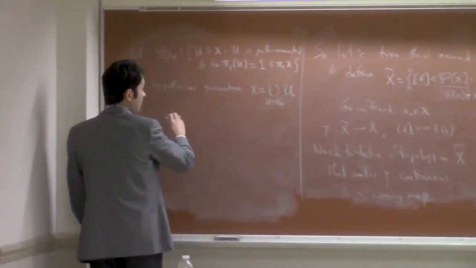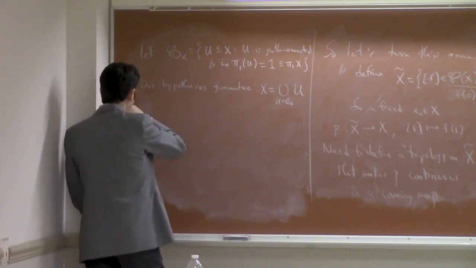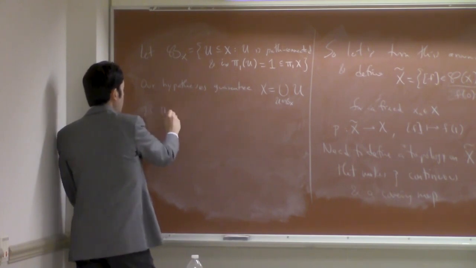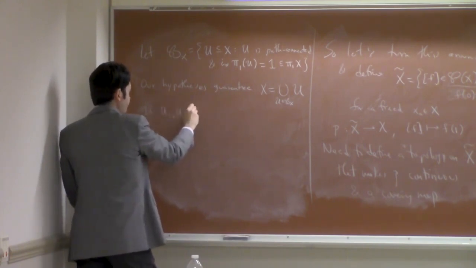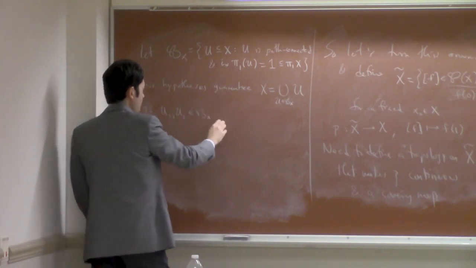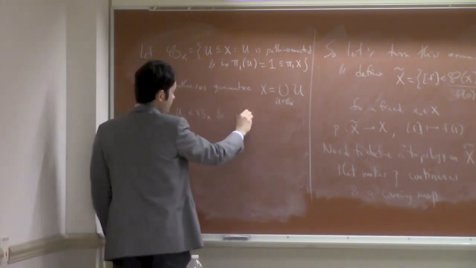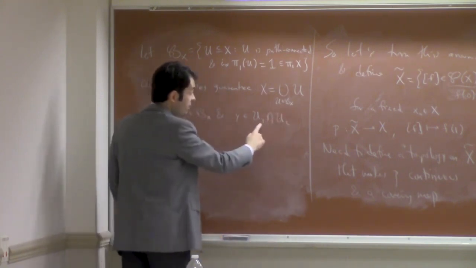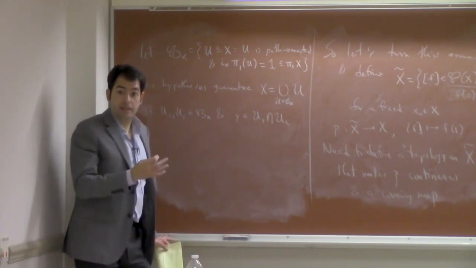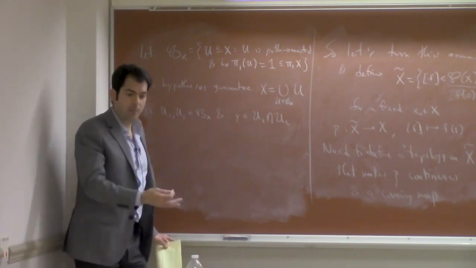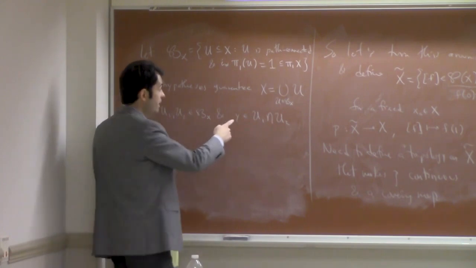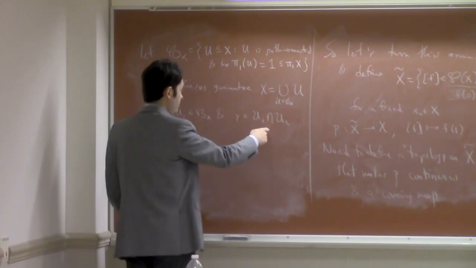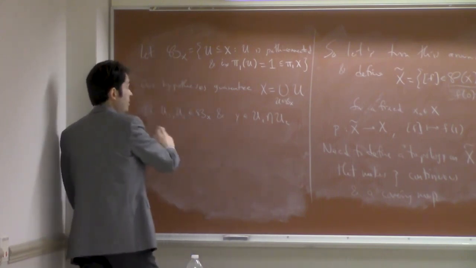Okay, but locally path connected. So if U1 and U2 are sets like these, and Y is in the intersection, well, since this is an open set, the locally path-connected property tells us that there is some open subset of X that contains Y and that is contained inside this intersection, and is path-connected.